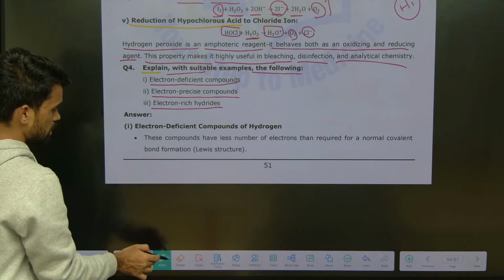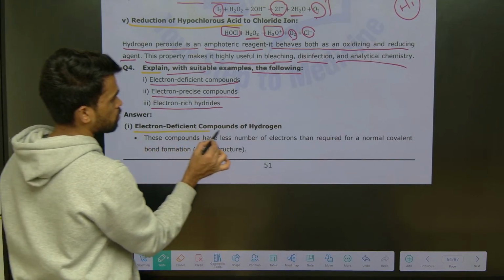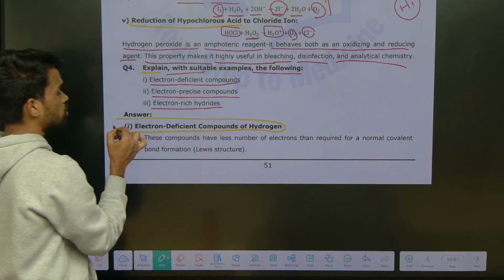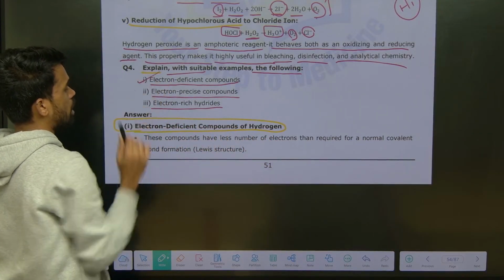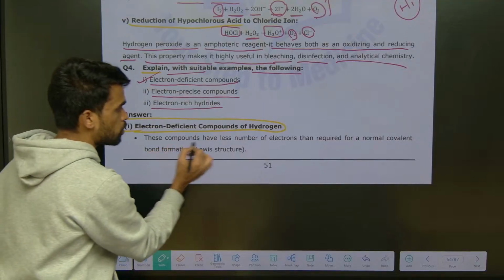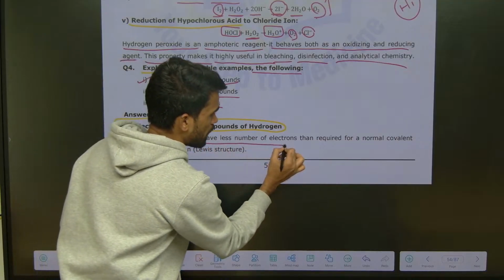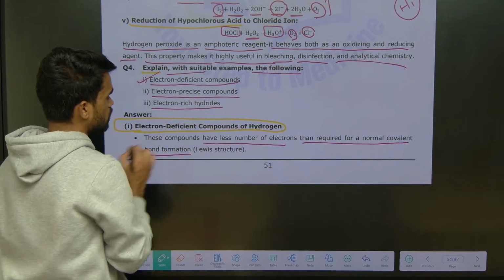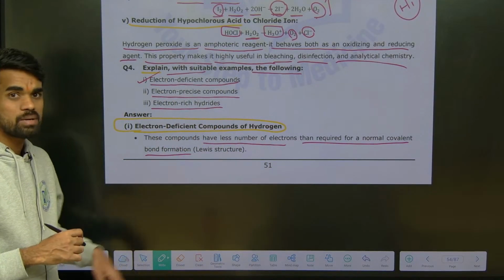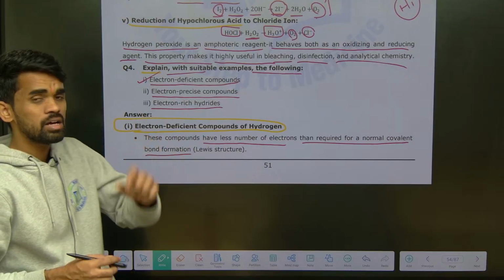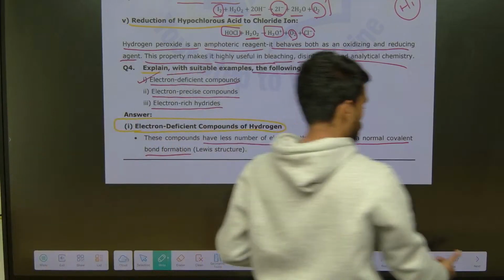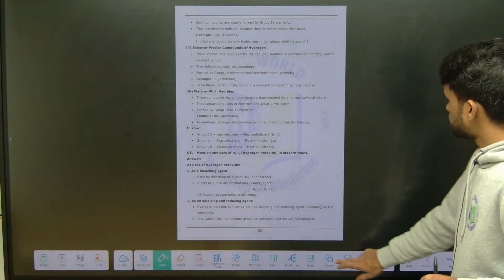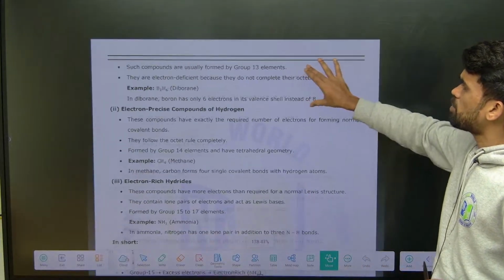So just see here, electron deficient compounds of hydrogen. These compounds have a smaller number of electrons compared to the normal covalent bond formation compounds. For example, these hydrides can be formed by the 13th group.